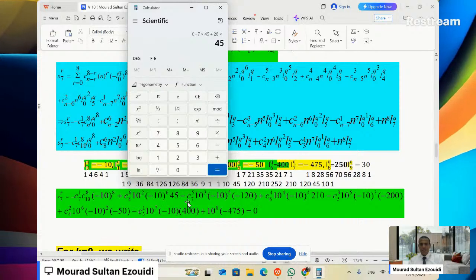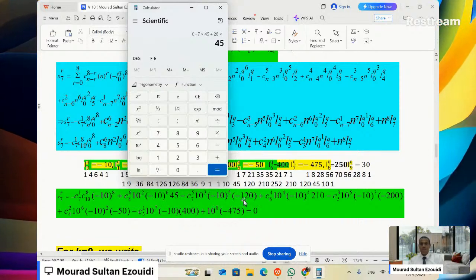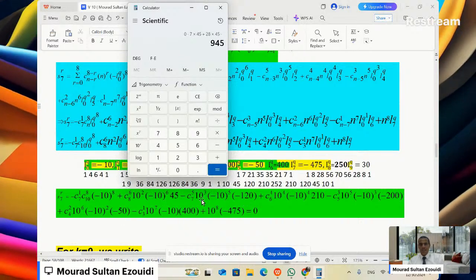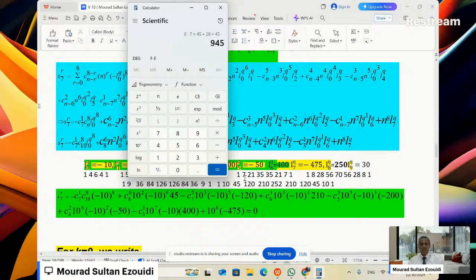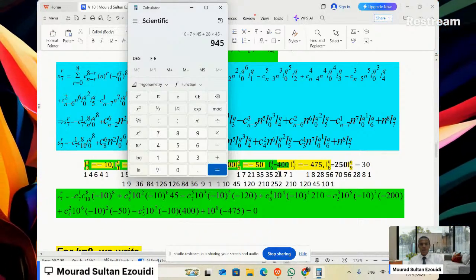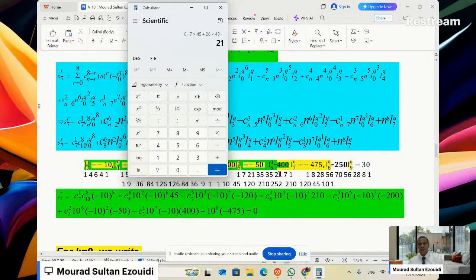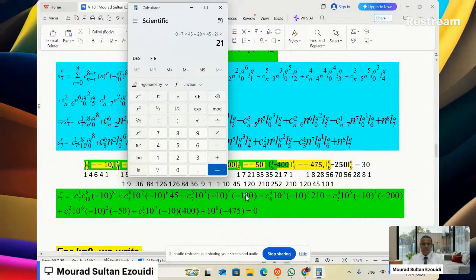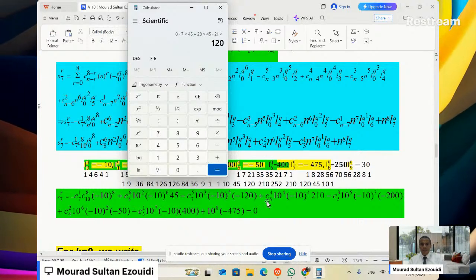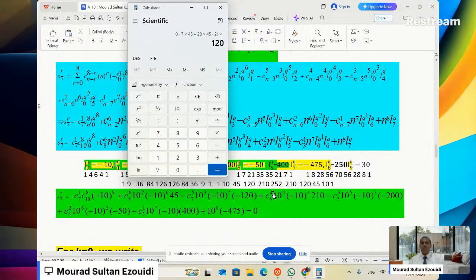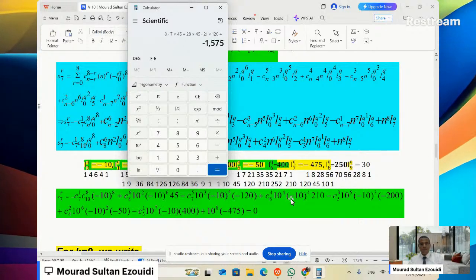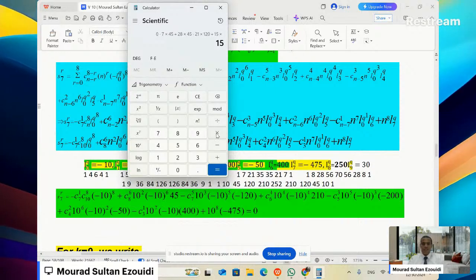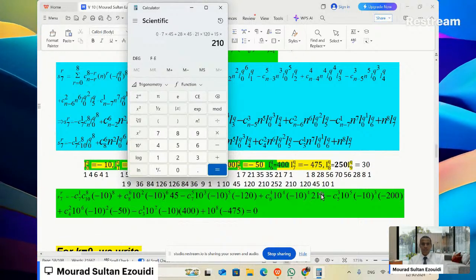Then minus, since multiplying by minus is negative, make it negative 7 plus 5, which is negative 21, multiplied by 120. Then 6 choose 4 is 15, so plus 15 multiplied by 210.